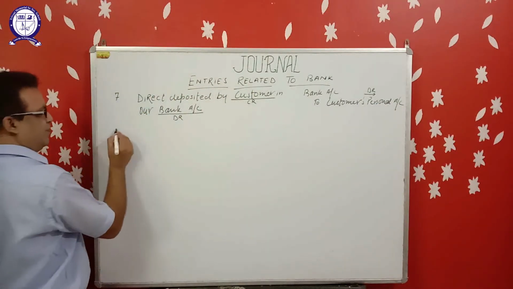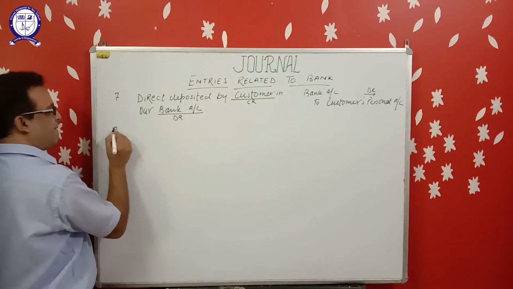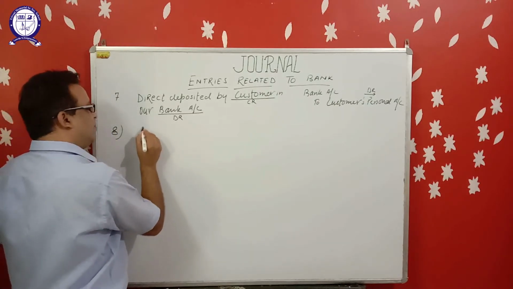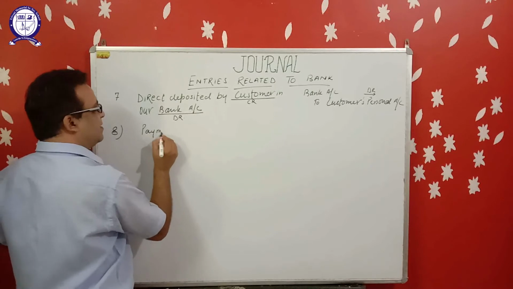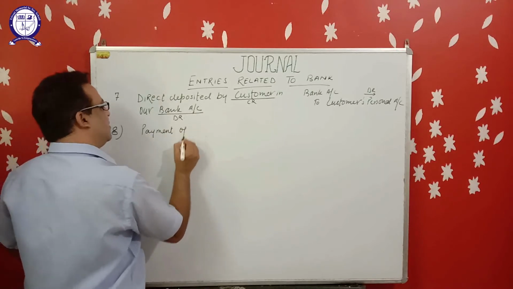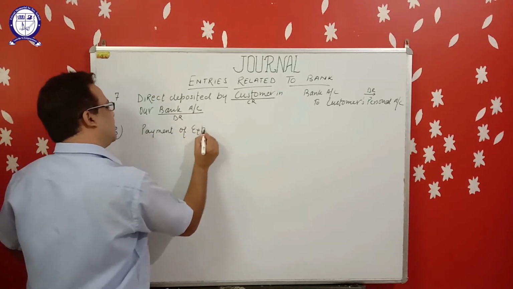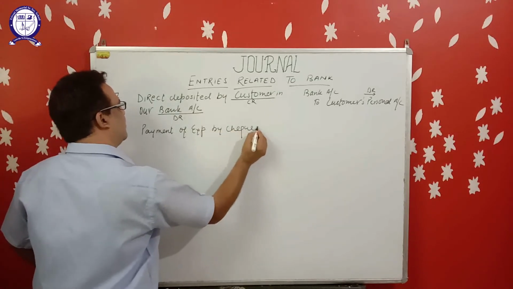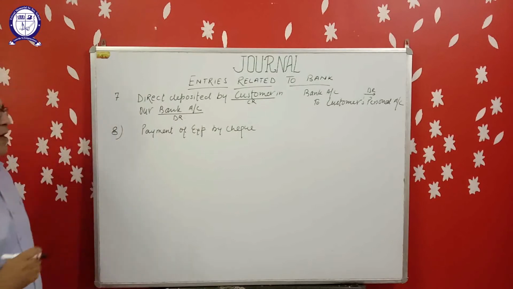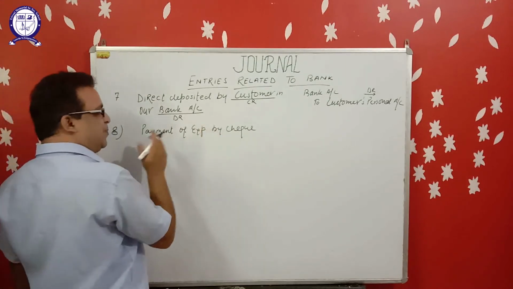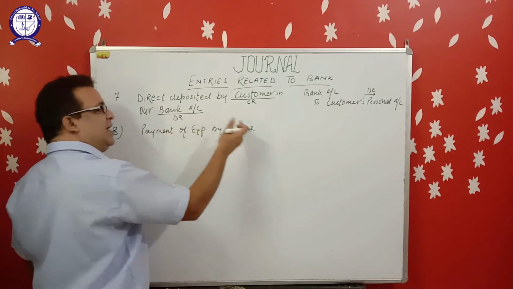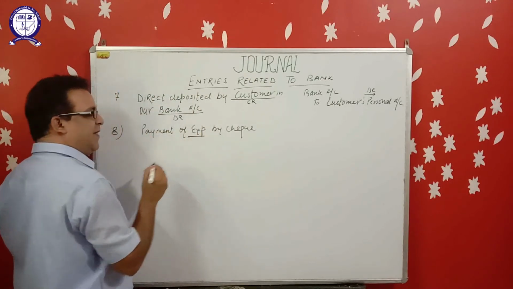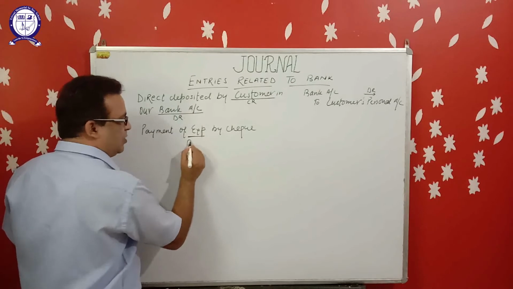Next point, payment of expenses by check. Suppose we have paid salary by check. So first account which is affected is expense account.